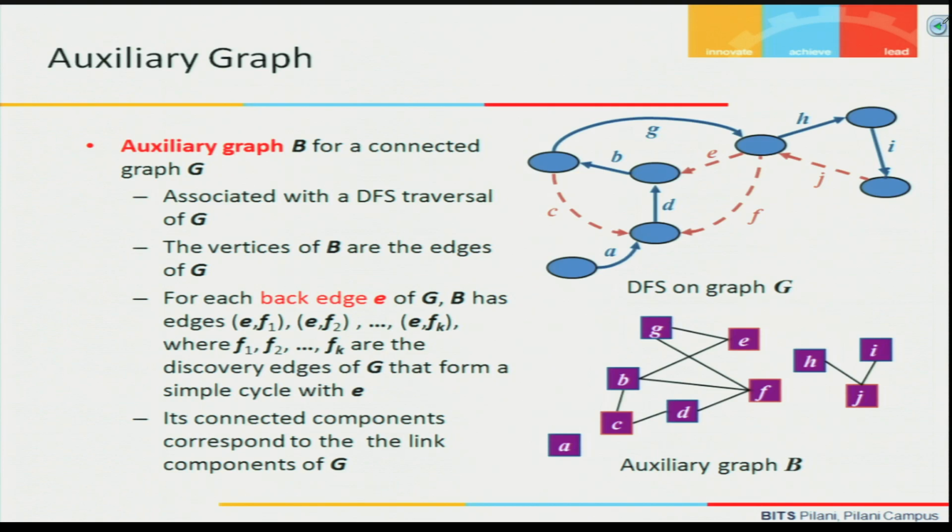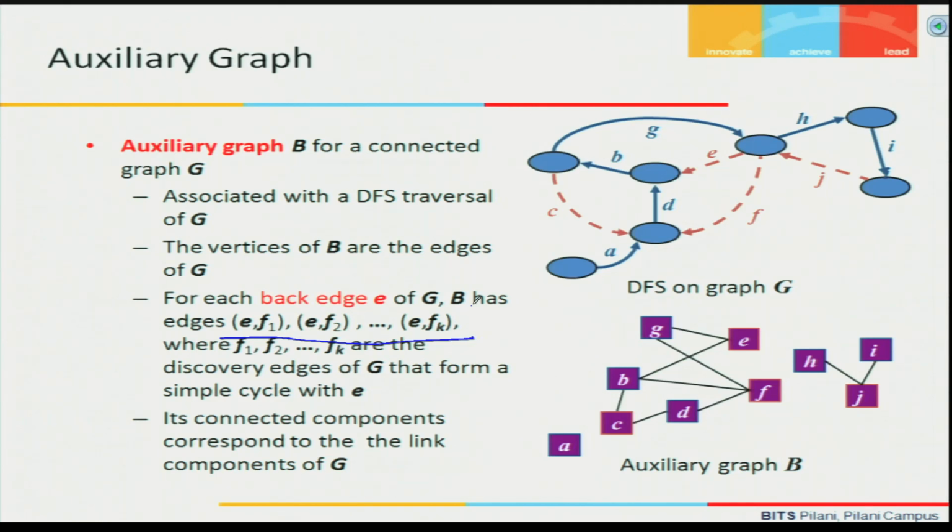we look at edges EF1, EF2, EFK, where F1, F2, Fk are the discovery edges that form a simple cycle with E. So, we form such a graph, which is called an auxiliary graph. So, let us look at it. Our auxiliary graph will have all vertices.